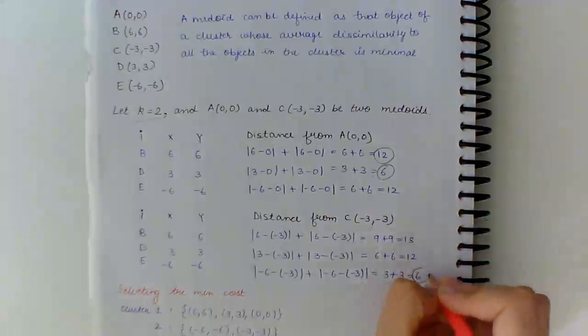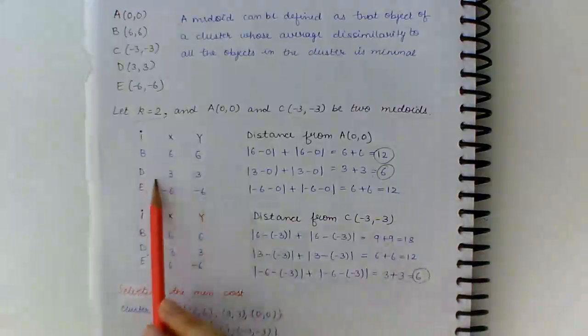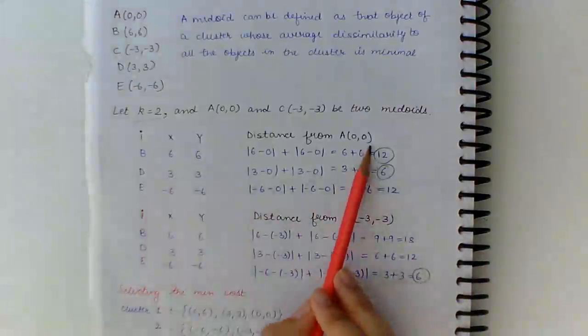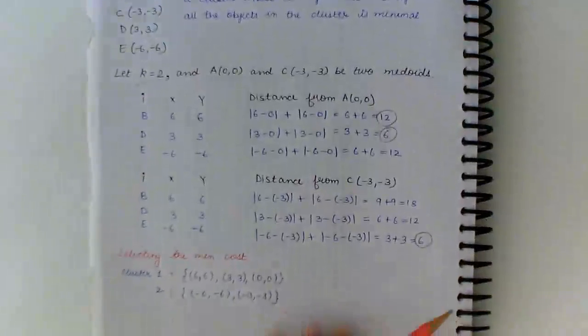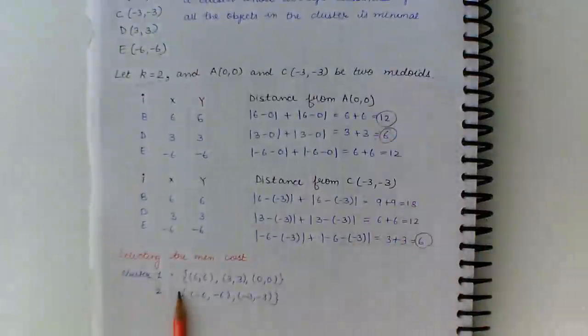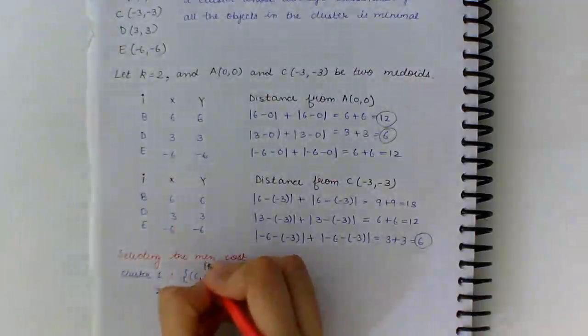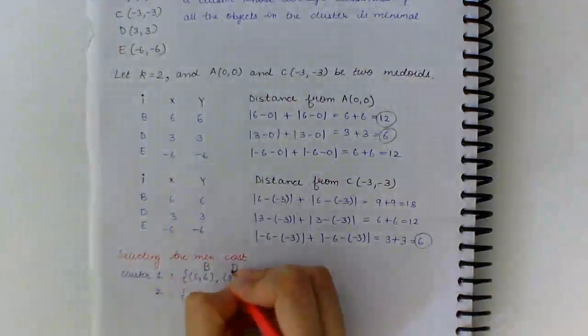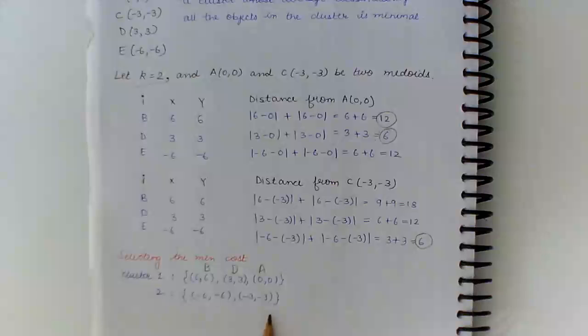So E belongs to the cluster with C, and B and D belong in the cluster with A. Selecting the minimum cost from each of these, we get cluster 1 as (6, 6), (3, 3) and (0, 0), that is B, D and A, and cluster 2 as (-6, 6) and (-3, 3), that is E and C. So now moving on.